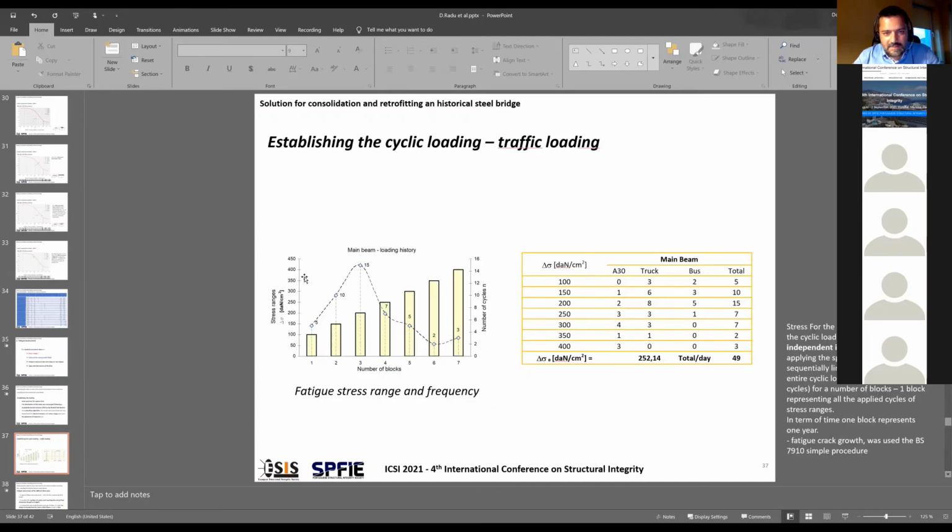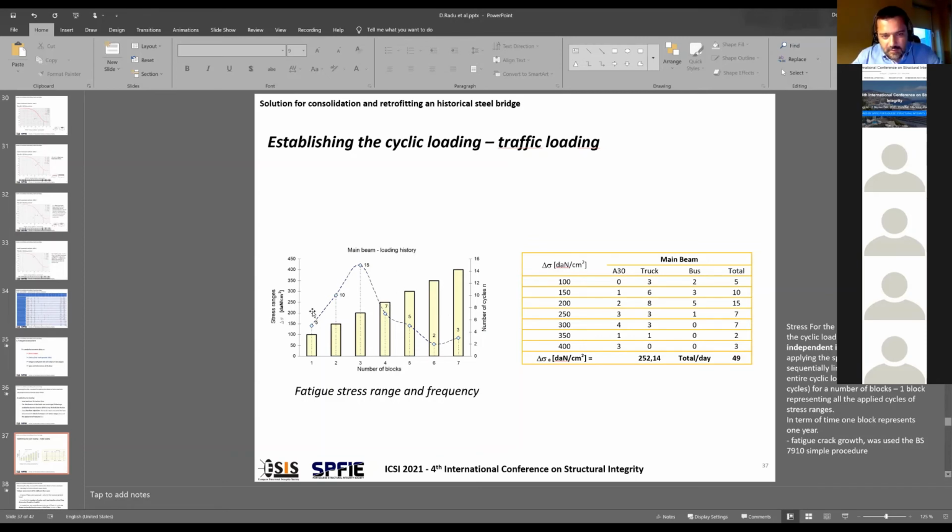So we can see here for the main beam, because the research was done only for the main beam of the deck, not for the other elements, because it is a lot of data to be processed.